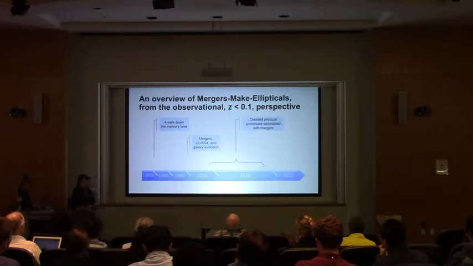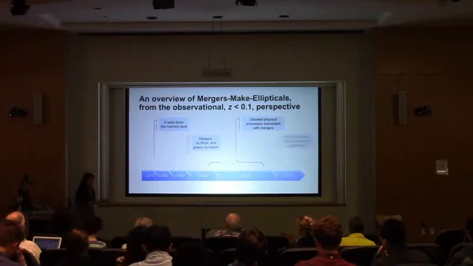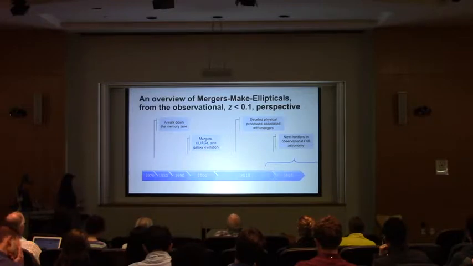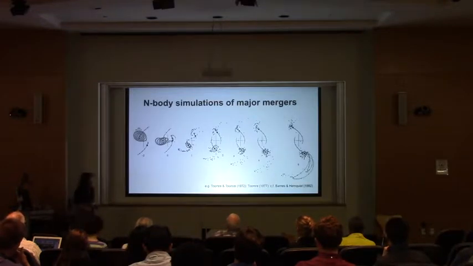Then I will highlight a couple of key questions that I'm specifically attacking in mergers, and also end with some sort of outlook in the field. You'll notice that the timeline is not exactly linear, and I'll also say that there are a lot of error bars in those brackets that I just quoted. Okay, so let's get started.